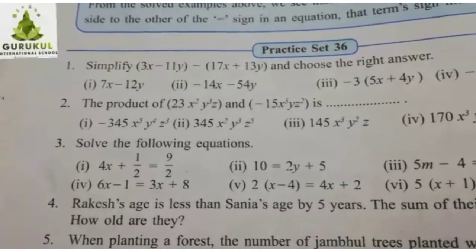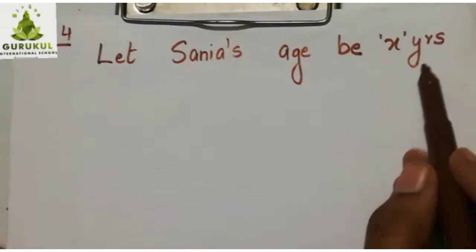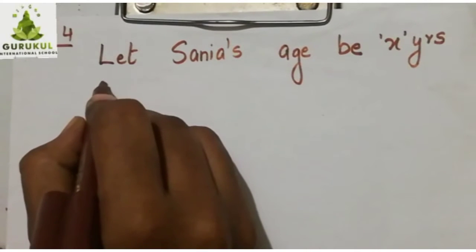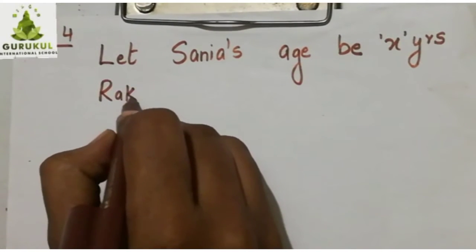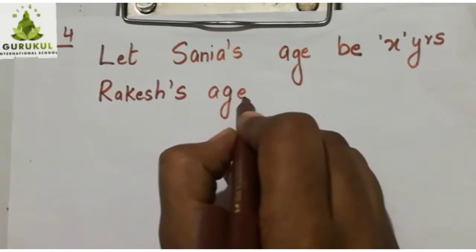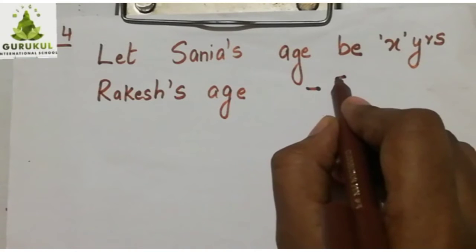So we will write the first statement. Let Sania's age be X years. If Sania is X years old, then what will be Rakesh's age? Rakesh is smaller than Sania, less by 5 years.